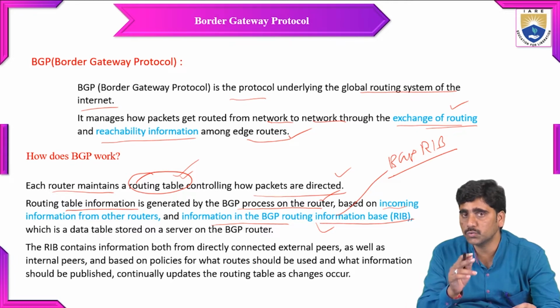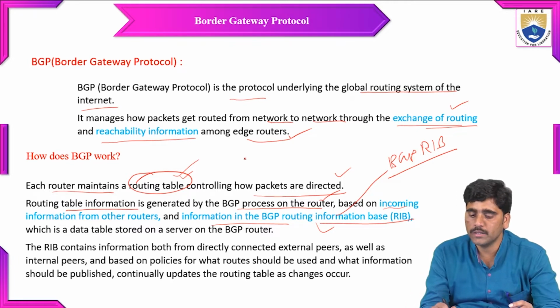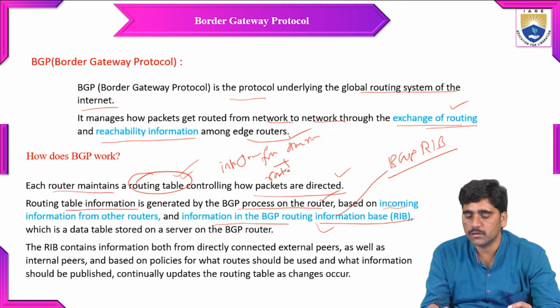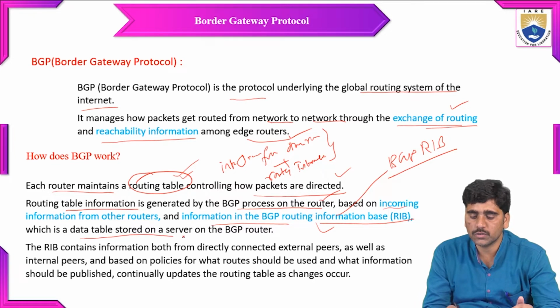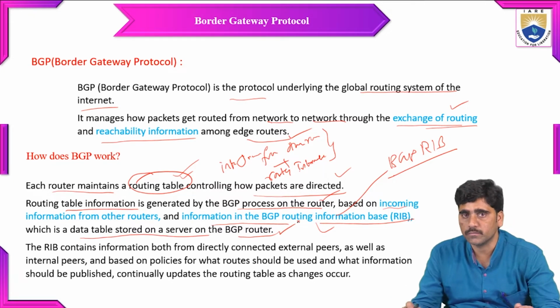So it takes two types of information: information from other routers, plus the routing information base. These two are held in the routing table, which is a data table stored on the BGP router.